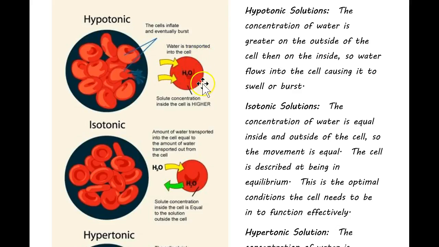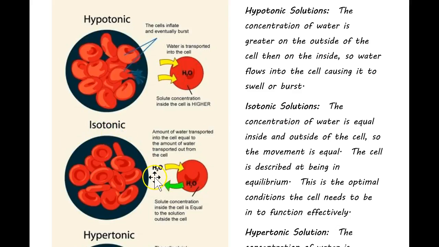Plant cells, the plant cell wall might prevent it from bursting and you might just see it swelling and bulging, but in animal cells it's going to swell and burst. So these are pictures of red blood cells, and this one is getting too much water going in and it burst. It broke open.